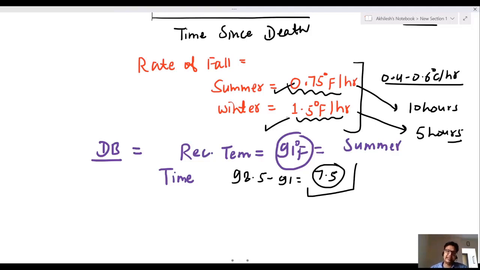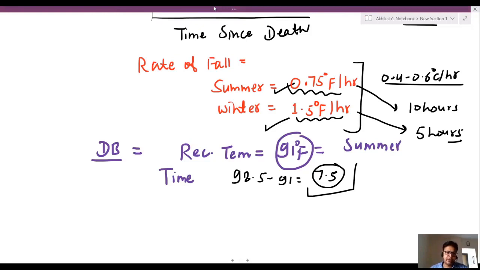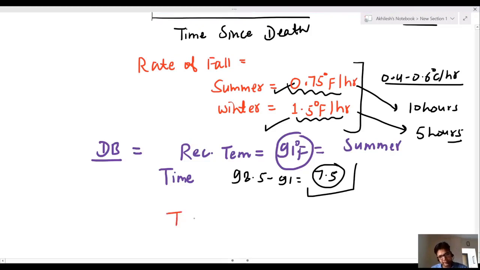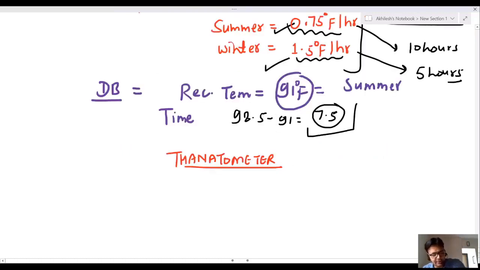And Dr. Saab, for the temperature of the dead body, we use a thermometer. Thermometer is used for the temperature of the dead body. Definitely the best site is the rectum.